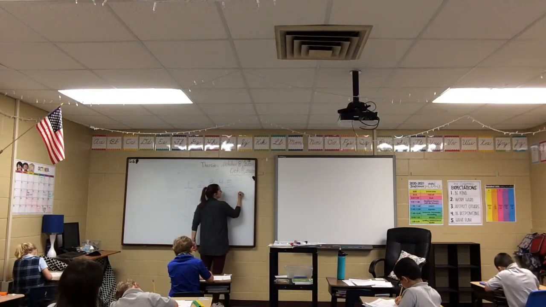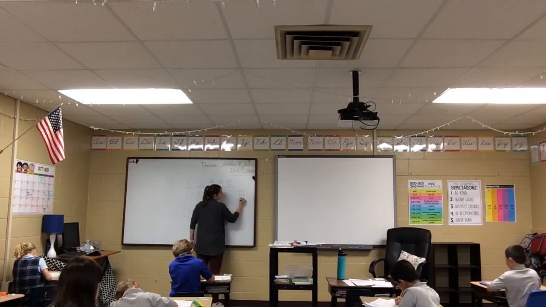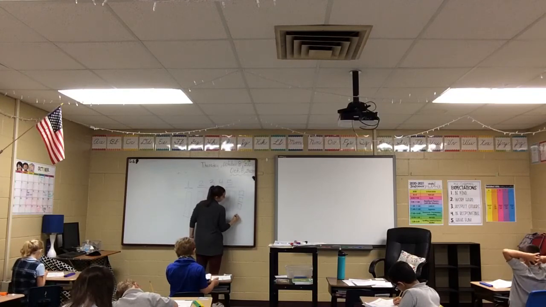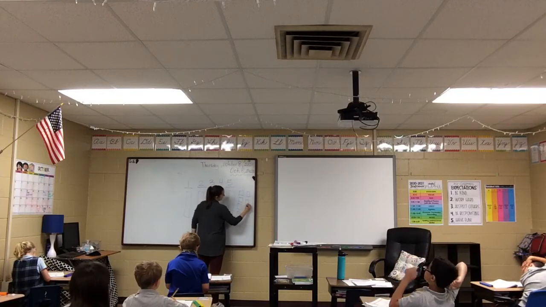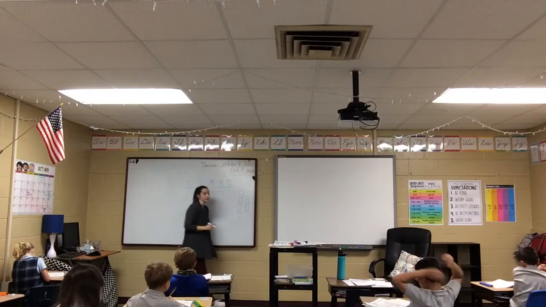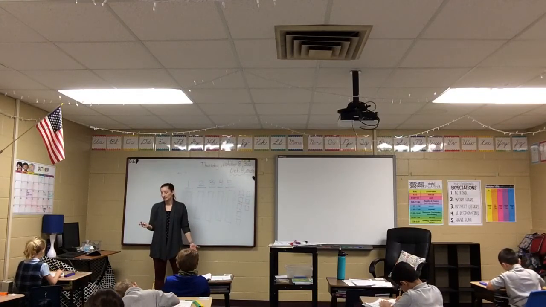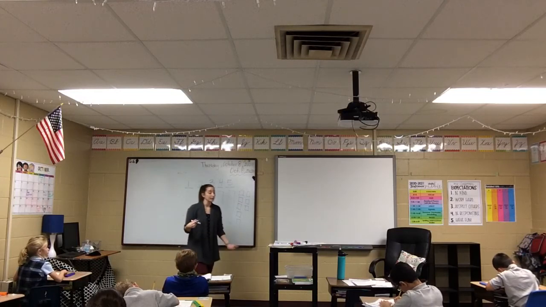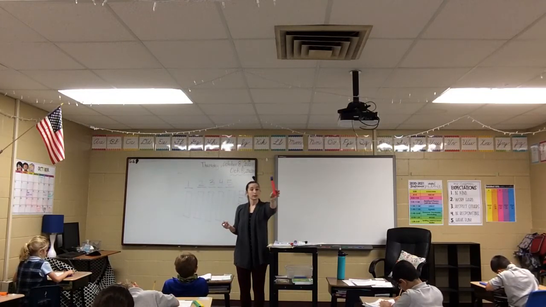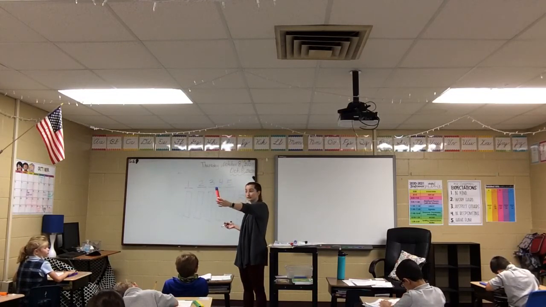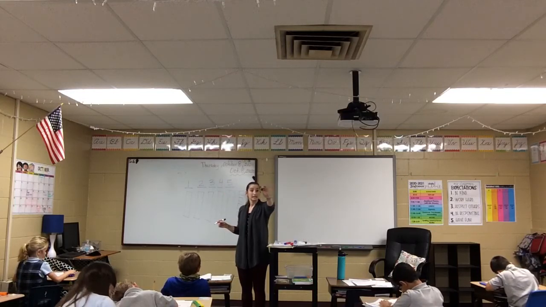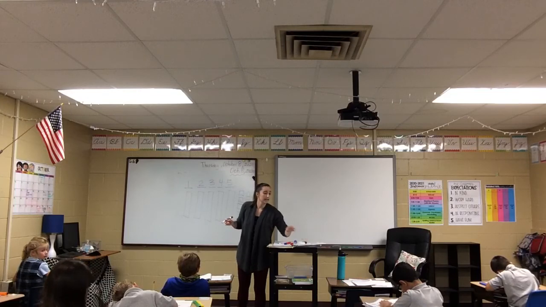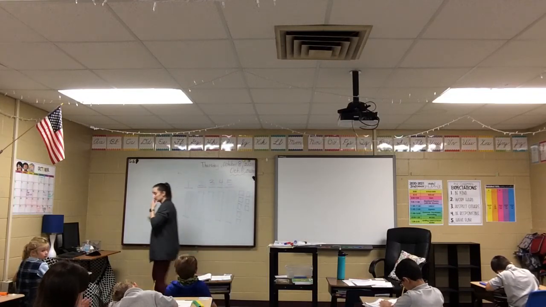So the others laying on his desk, 1, 2, 3, 4, 5, 6, 7, 8. He said 8 are just laying on his desk. Okay? Are those in a box? No. So they would not fit in this, right? They're not in a box. They're just laying individually.